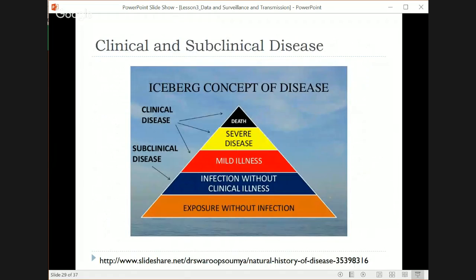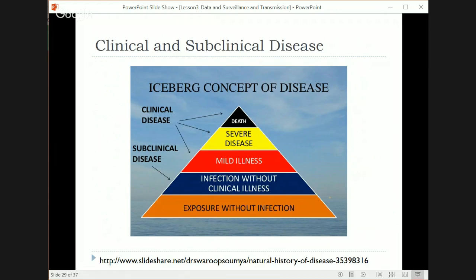And there's also what you'll hear referred to as the iceberg concept of disease. So this idea that some diseases are clinical, and then there's also subclinical disease. Now, only clinical disease is readily apparent, so we could argue that Mary Mallon had subclinical disease. She was infectious without being clinically ill.